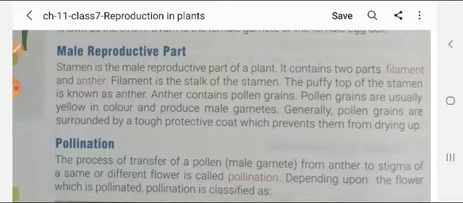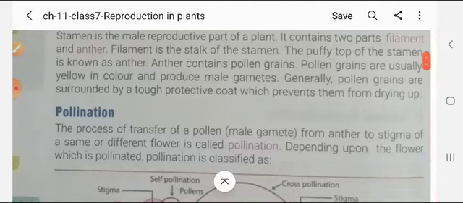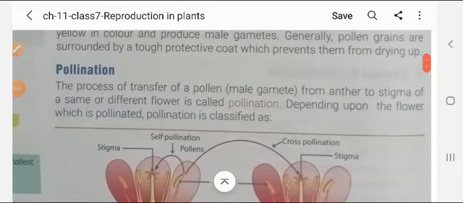Now students, about pollination. When the male sex cell, that is the pollen grain, from the anther transfers to the female part, the stigma leading to the ovule, inside which the ovum is present.